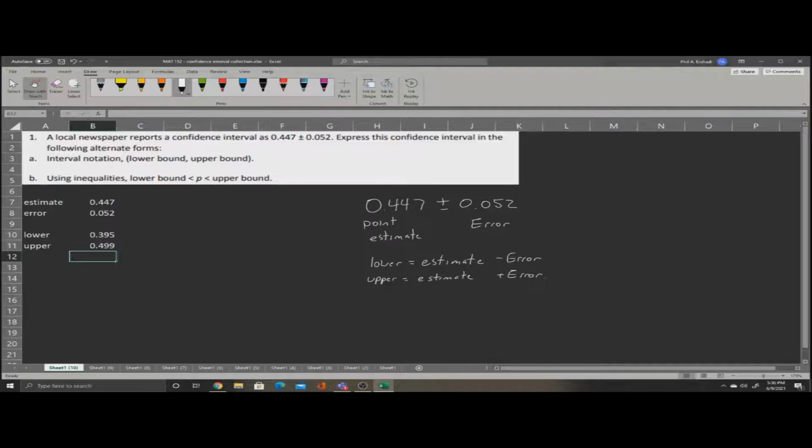Now, in interval notation, we write this inside of a pair of brackets. We'll write the lower bound first and the upper bound second. Using inequality notation, we'll write the lower bound, then less than p less than the upper bound.